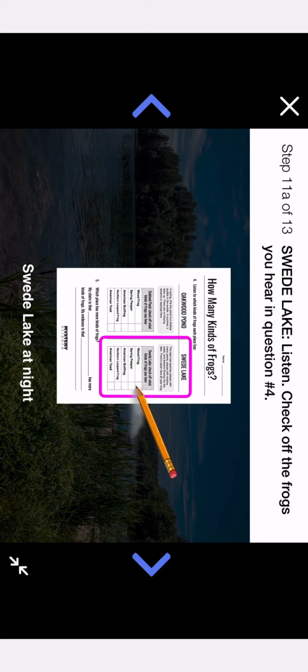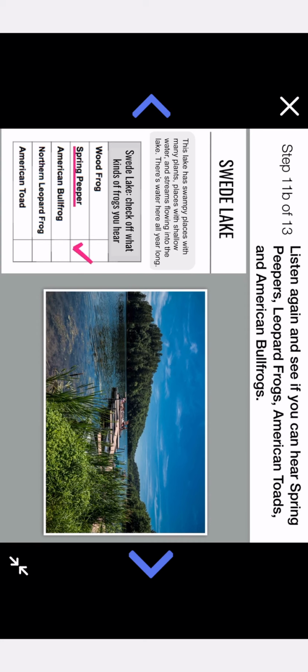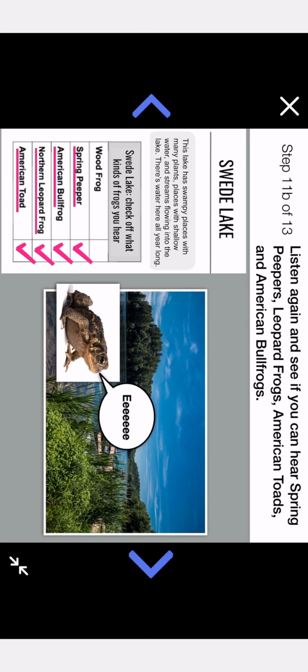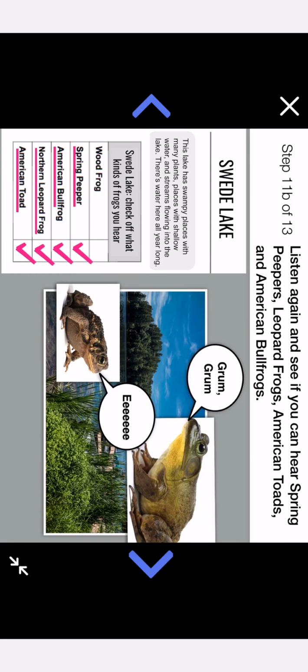Okay, are you ready for the answer? I heard spring peepers, American bullfrogs, northern leopard frogs, and American toads. Let's listen together and see if you can hear all those frogs. Here we go. That's the sound of American toads. There's the American bullfrog.